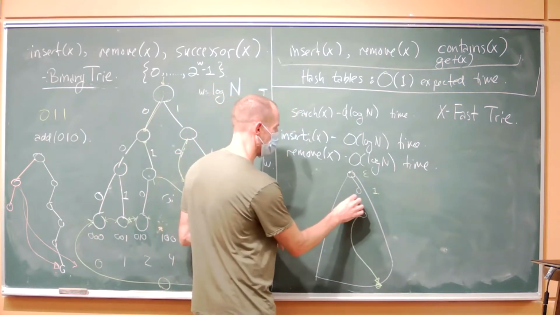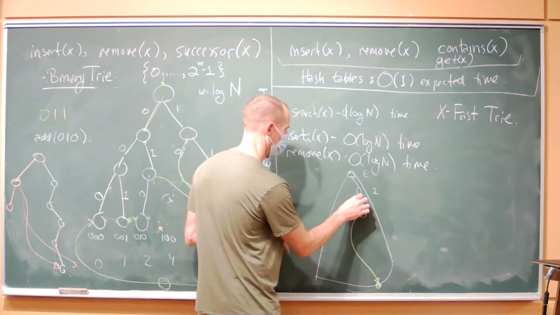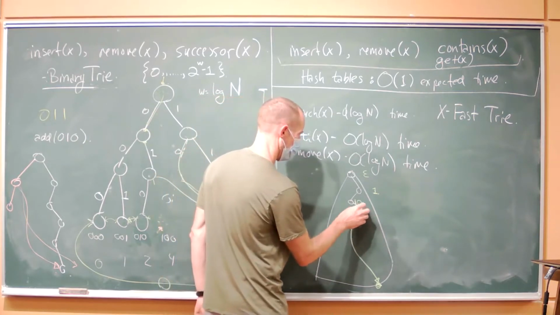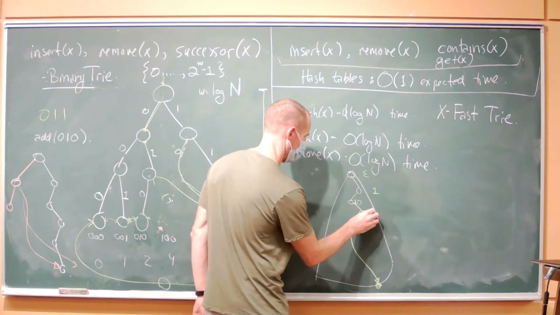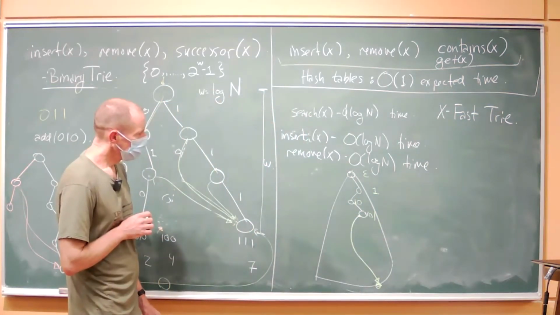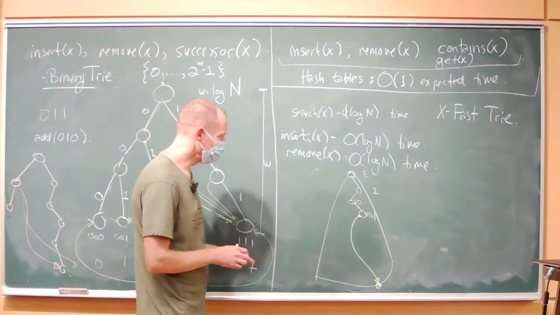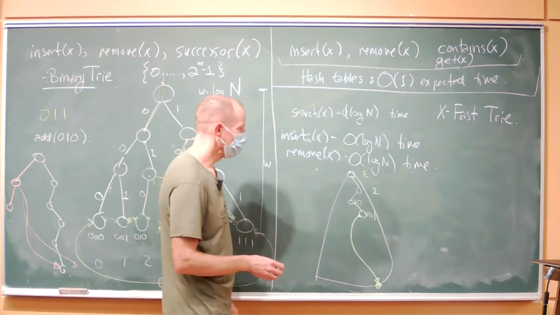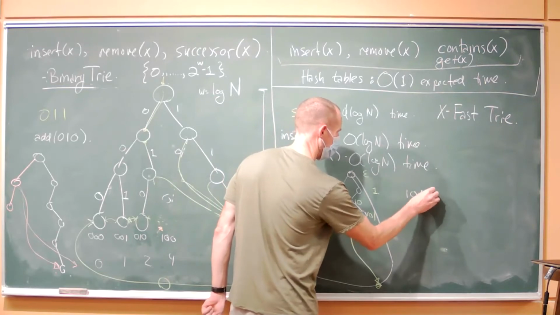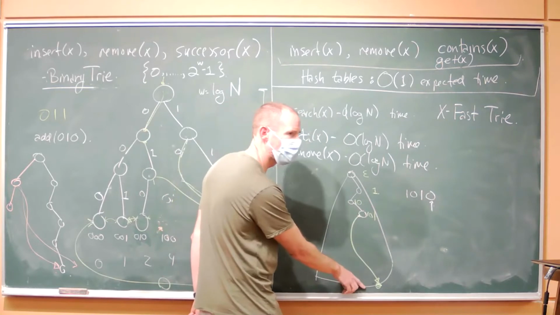And this one here is the string 1, 0. And this one here is the string 1, 0, 1, 0, 1. Clearly, if this is the way my search went, then I was looking for a string that started with 1, 0, 1, 0. And it was on this 0 that I tried to follow the edge, but I couldn't. And that's when the search ended.